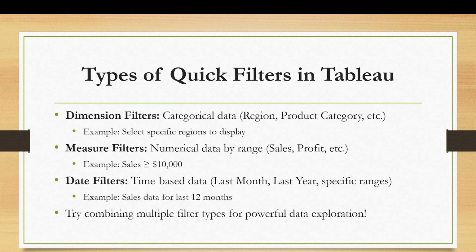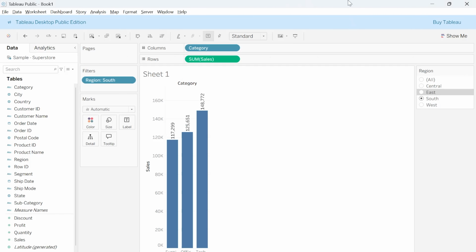Dimension filters are the filters that we create from a dimension, that is, a categorical column. The one we have created, region, is nothing but a dimension filter, because region is a categorical variable and, as we know, is a part of dimensions.